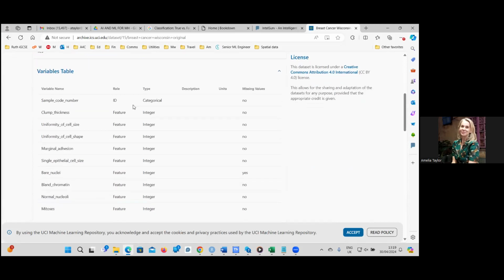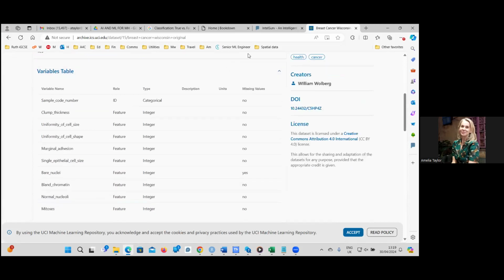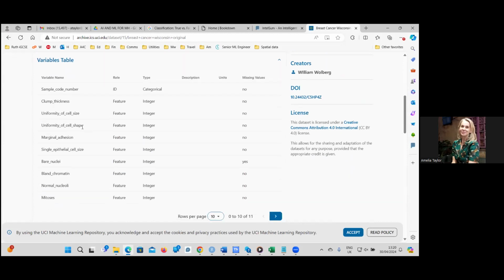And we can look at what the variables mean. We can see that I have some codes, sample code number, like an ID, and then some features about the presentation of the lump that is being tested to see whether it's malign or benign. So there is a clump thickness, something about the uniformity of cell size, uniformity of cell shape.